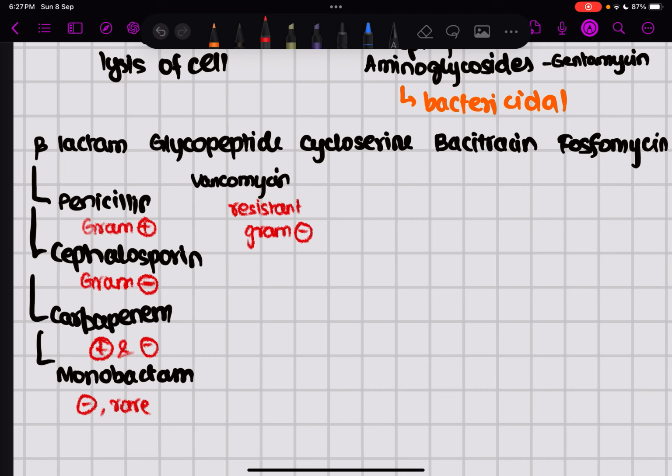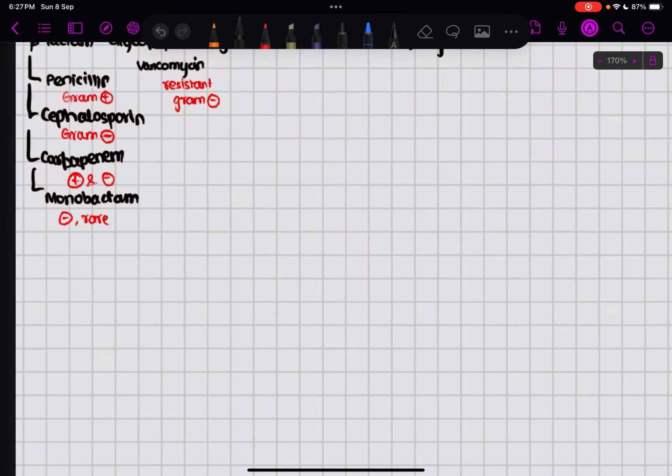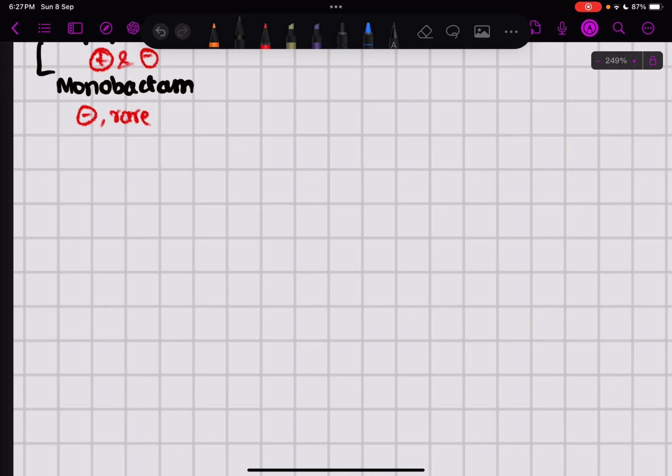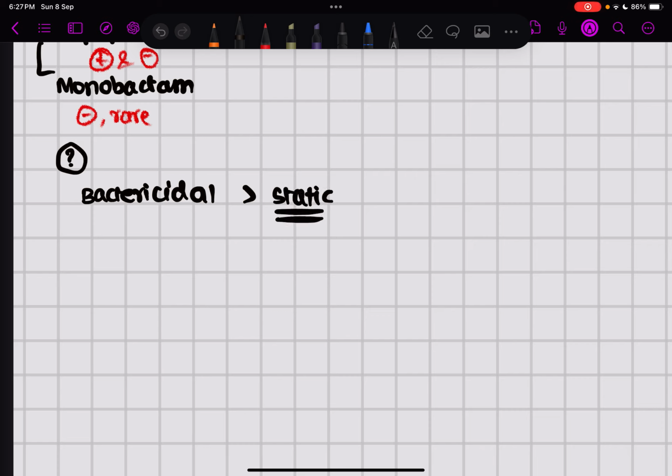With this, the classification gets over, and we are going to look at the decision making on which antibiotic we are supposed to give. Which antibiotic we give is decided by the fact that we must kill the bacteria. So bactericidal is preferred over static, because for static we need the immunity to kill the actual bacteria; it just inhibits the replication.